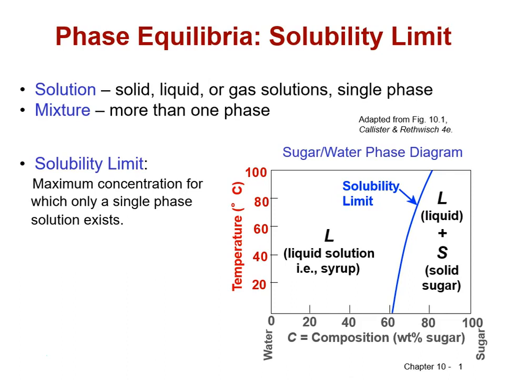So we'll define the solubility limit in this sugar-water case as the maximum concentration of sugar for which you don't have any sugar precipitating. And this can be generalized to be defined as the maximum concentration for which only a single phase exists, no matter how many things you have dissolved.